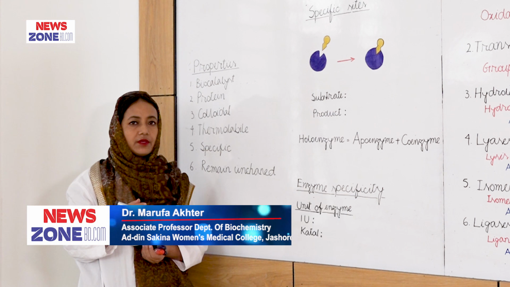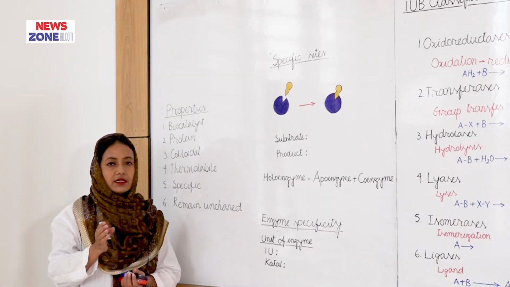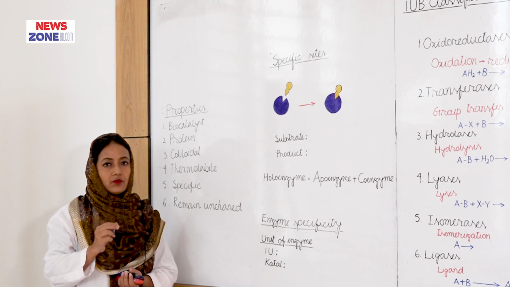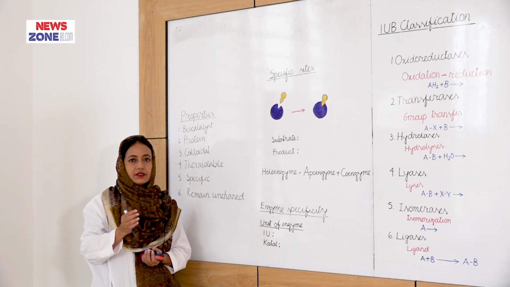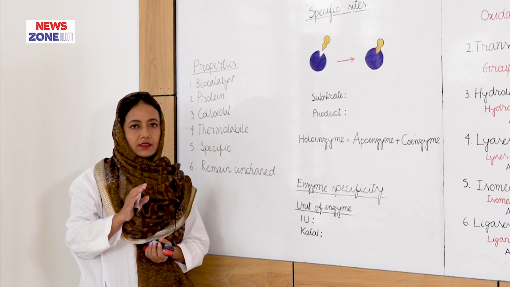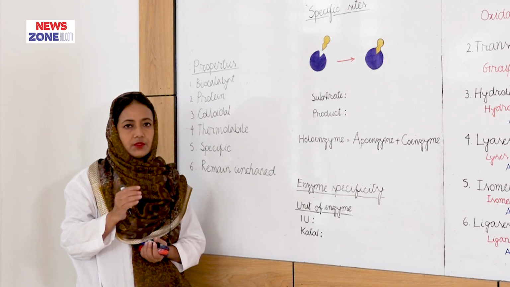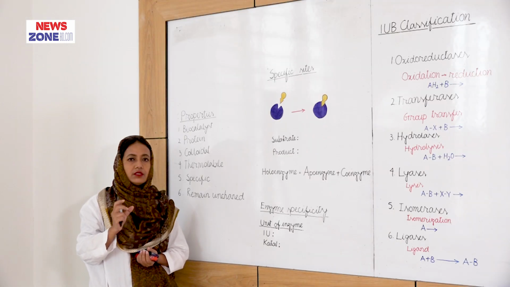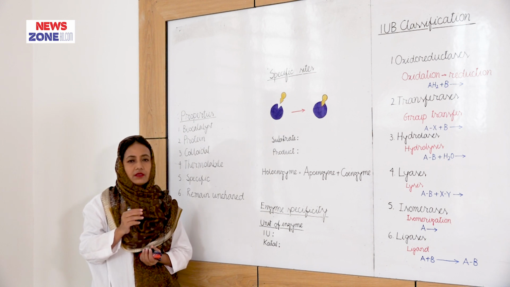It enhances the velocity of reaction many times compared to the reaction in the absence of enzyme. For example, the hydrolysis of protein outside the body at 100 degrees centigrade requires several days, but in the living system, that is in the gastrointestinal tract, it occurs within several hours. It is only due to the presence of enzyme, and without enzyme life is just impossible.